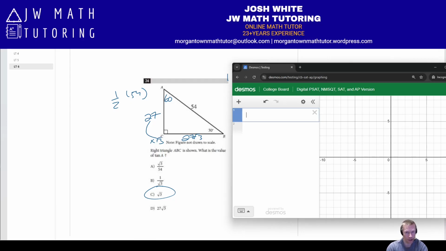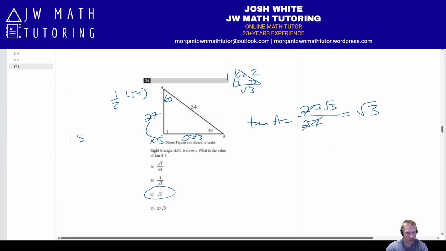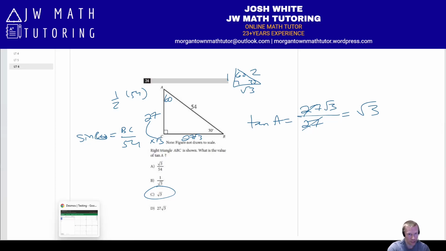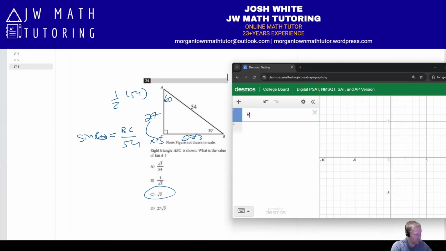So I would start with, let's say, sine 60 equals opposite, so this is BC, over hypotenuse 54. Okay, so I go to Desmos and BC is going to equal, actually I'm going to call it little a, because it's opposite angle A, so we can just call it little a.